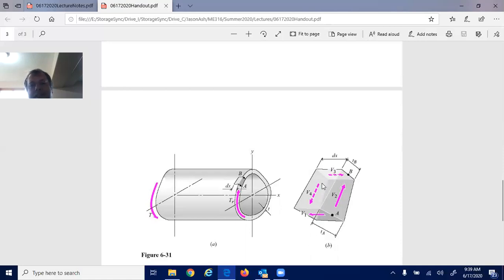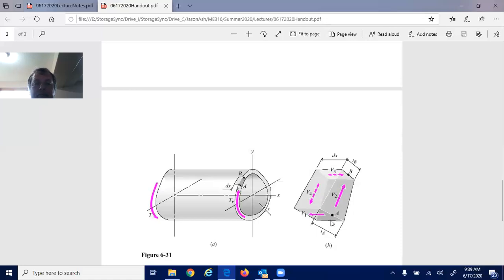This is the best diagram that I've seen that really explains this concept of shear flow and the equilibrium concept of satisfying that based on the varying thicknesses that you might find at B and A.